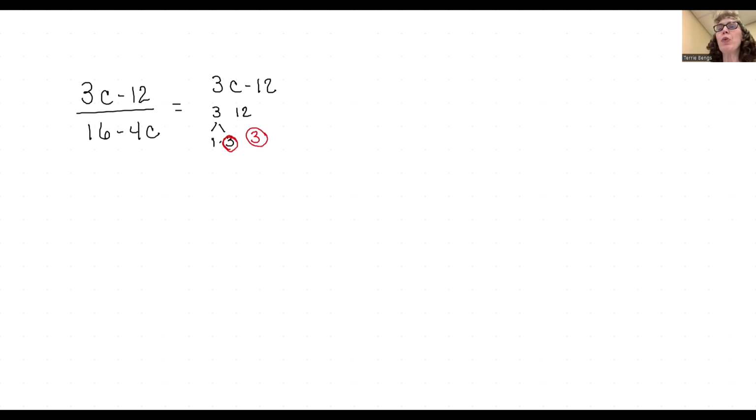So if you remember, we rewrite the equation. We'll rewrite our top, and we're going to take that 3, and we're going to divide each term by that 3. So 3 divided by 3, they just cancel, or they make a 1. So we have c minus, and 12 divided by 3 is 4.